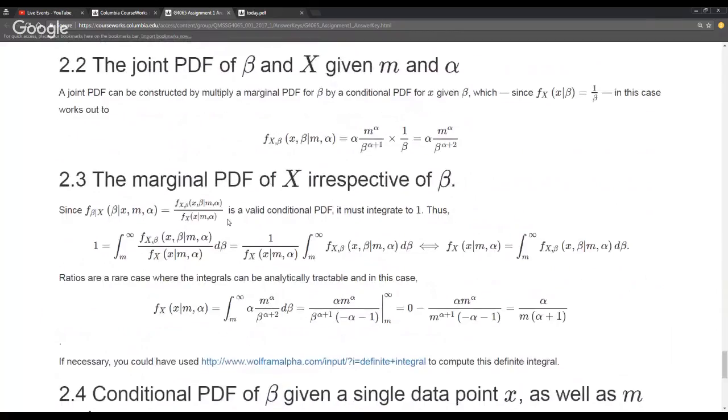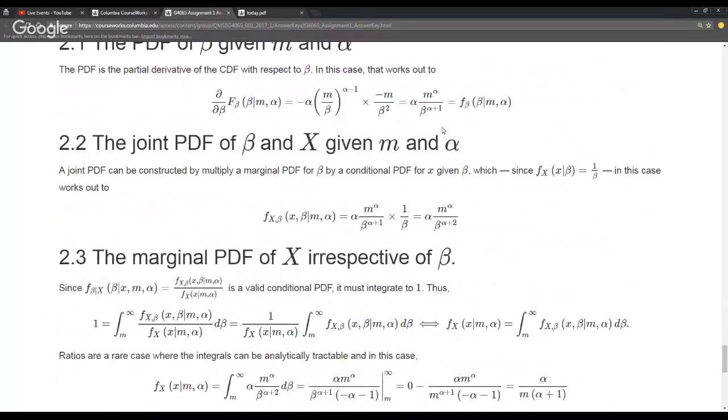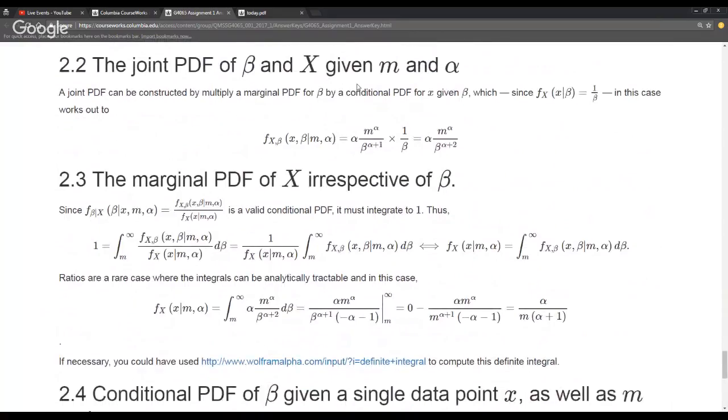Then the joint PDF of beta and x, where x is the random variable that generates the data, can be constructed by multiplying the marginal PDF for beta, which we just worked out, times the conditional PDF for x given beta, which I said was a uniform distribution, and a uniform distribution between 0 and beta has PDF equal to 1 over beta.